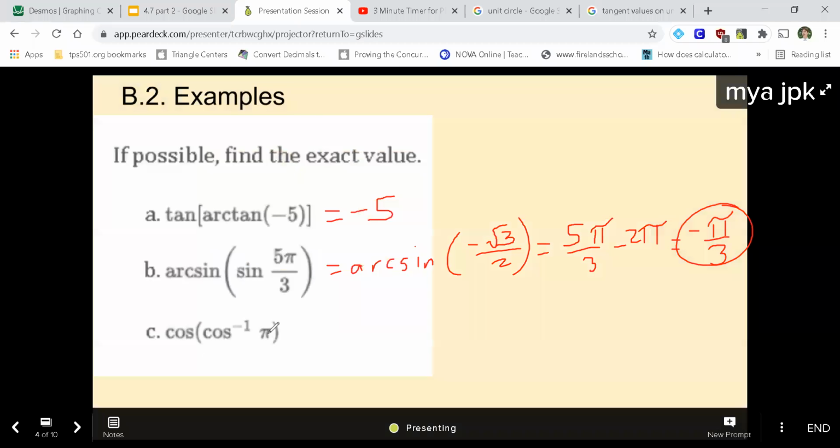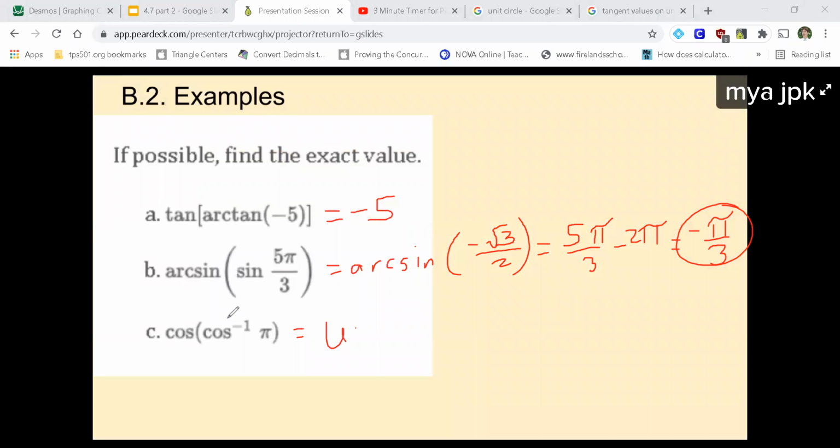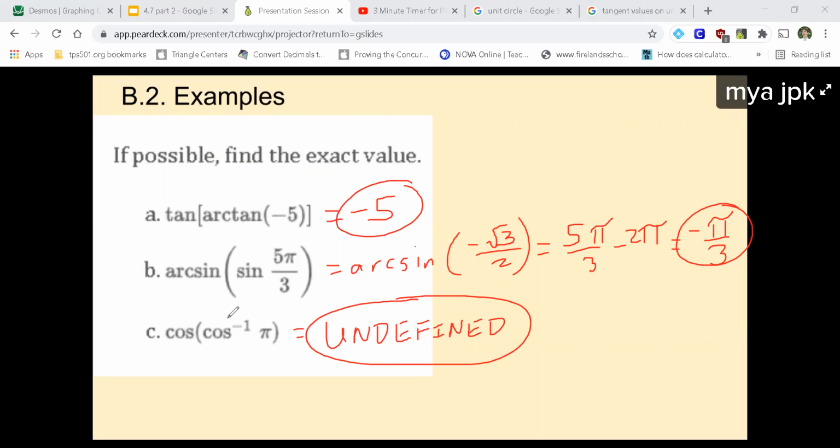So because pi is not in the domain of the inverse cosine, this answer is undefined.